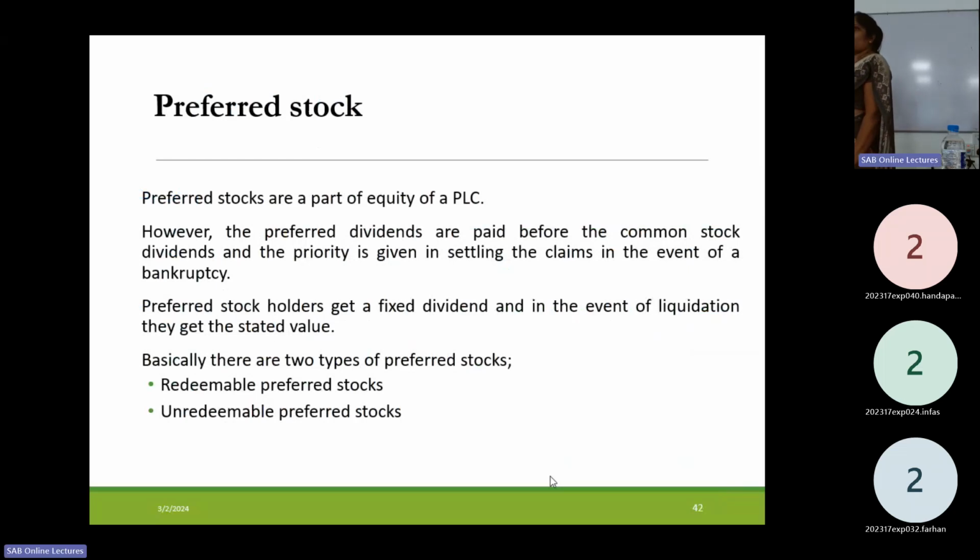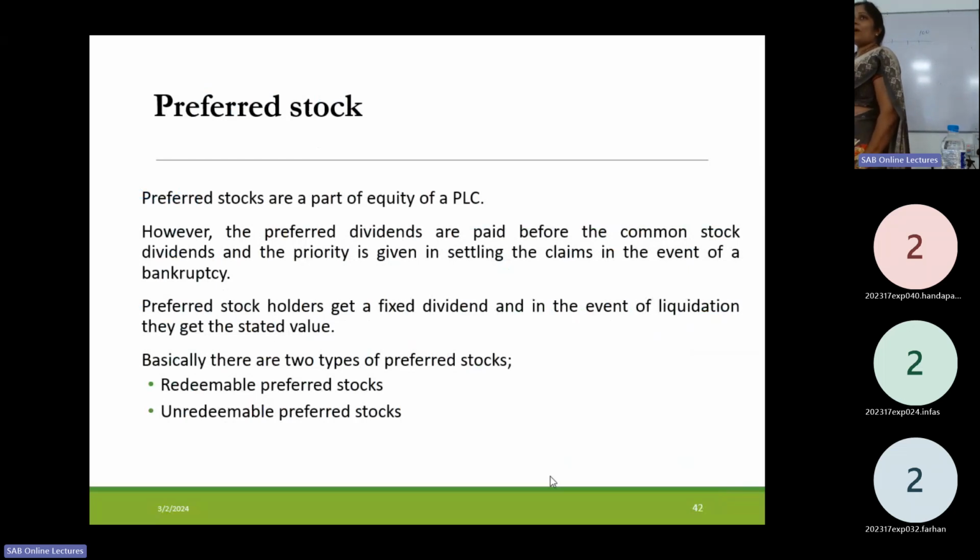This is fixed, right? Not changing. If you invest today in these shares, annually you are getting dividend for 5 years. At the maturity, you will get the face value, like bonds.